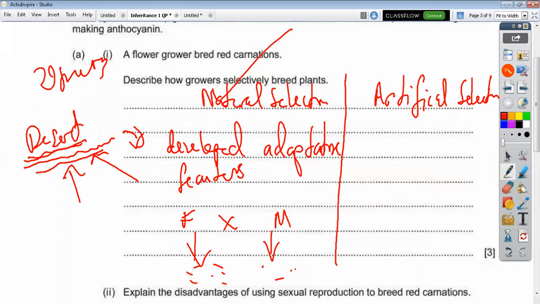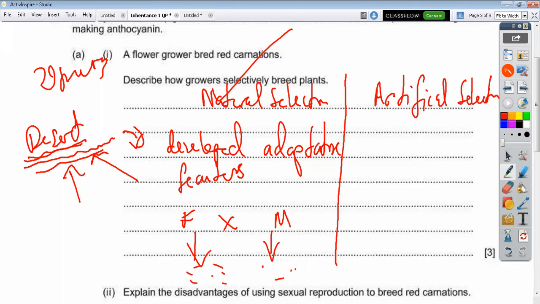Are we together? The next point is that there is struggle for survival. Only the fittest survive. Clear?